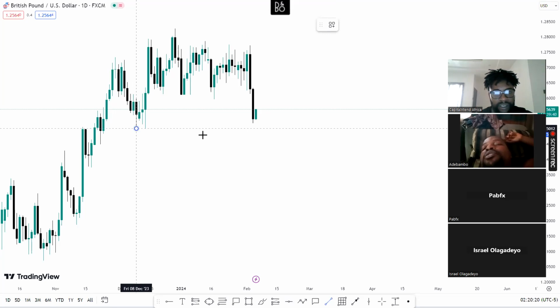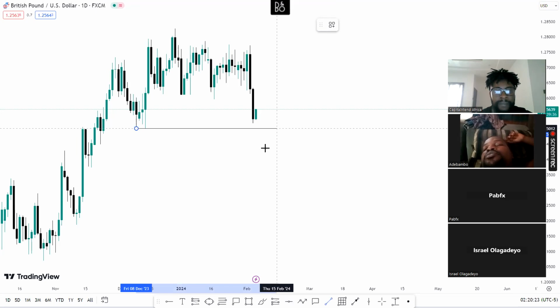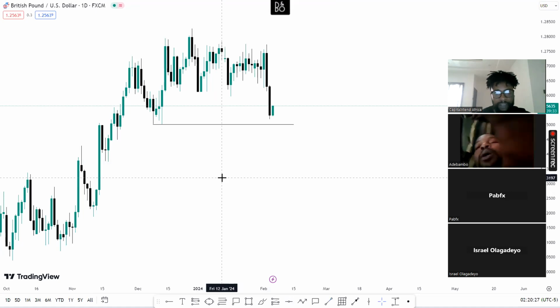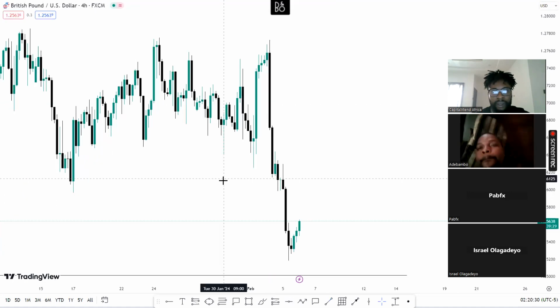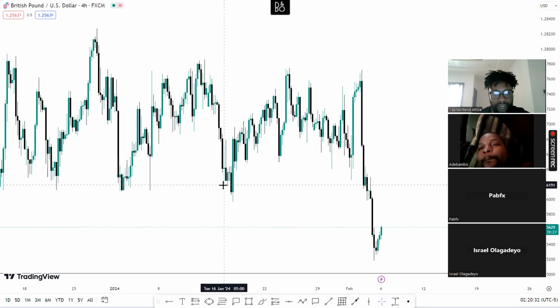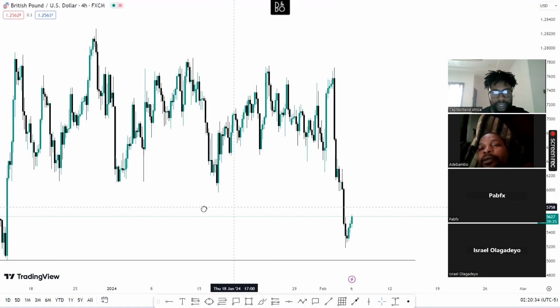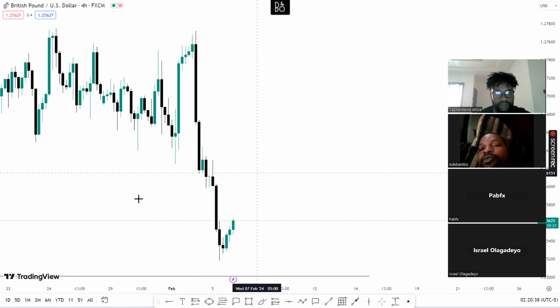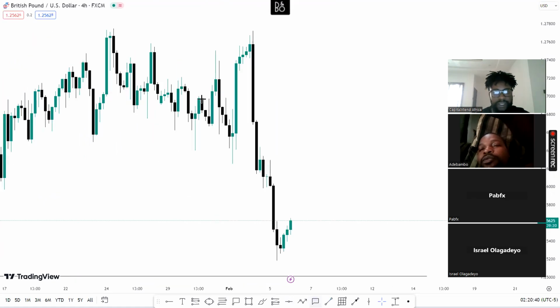I have this external range liquidity resting below here. Now I'm going down to the 4 hours, just like we saw on EURUSD. It's very, very obvious here in GBPUSD.